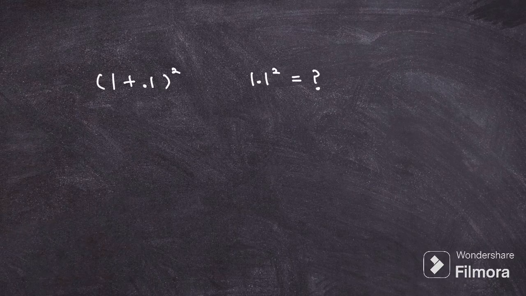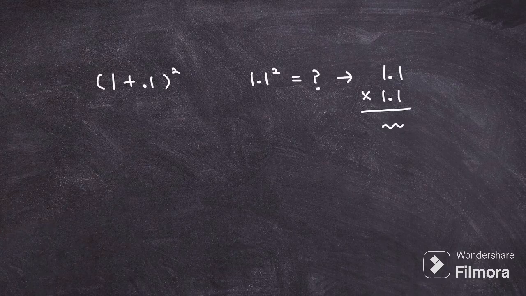Well, you could always manually compute 1.1 times 1.1 and solve it out this way. But I want to suggest using the (a plus b) method.